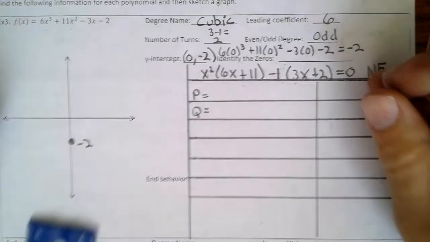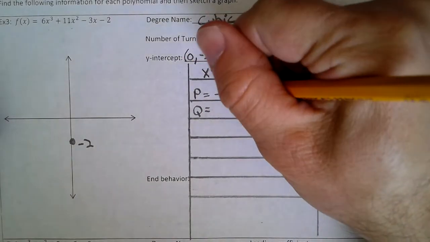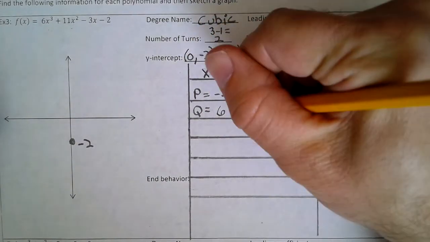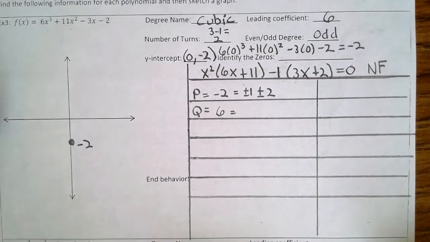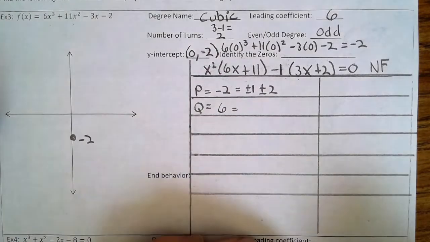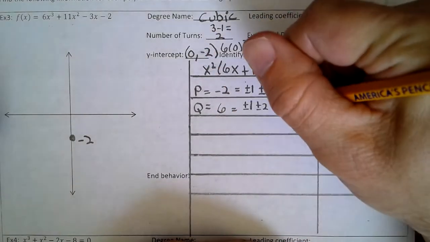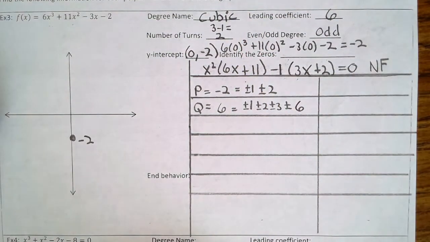So now we need to find the factors of each. So that's plus or minus 1, plus or minus 2. This is plus or minus 1, plus or minus 2, plus or minus 3, and plus or minus 6. Now we need to do p divided by q. So 1 and 2 divided by 1 are just plus or minus 1, plus or minus 2.